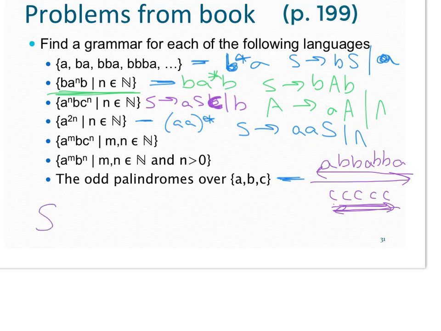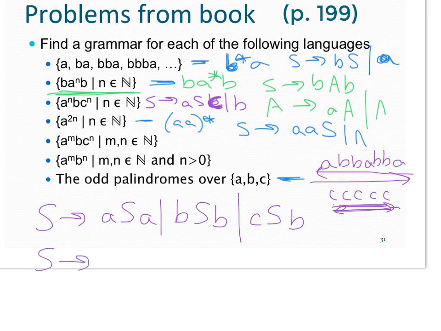So for this one, we're going to start by bubbling out the letters. We could bubble out an A on either side, or a B on either side, or a C on either side, right? I would do some more ors here, but I can't fit them on this line, so I'm just going to start another line, but this is the same kind of thing.